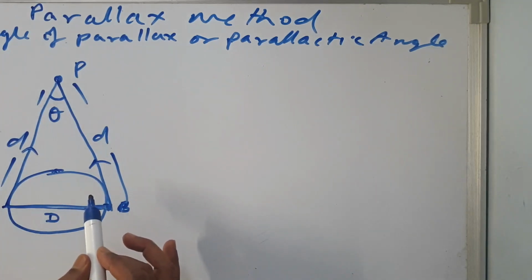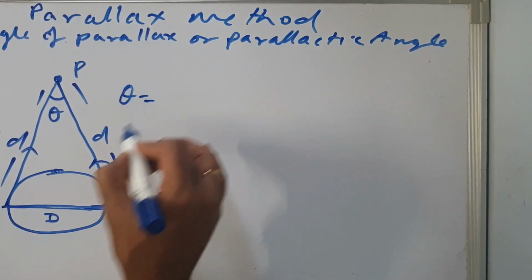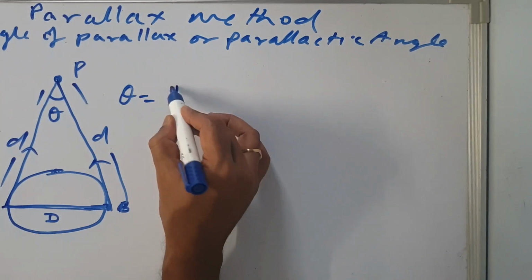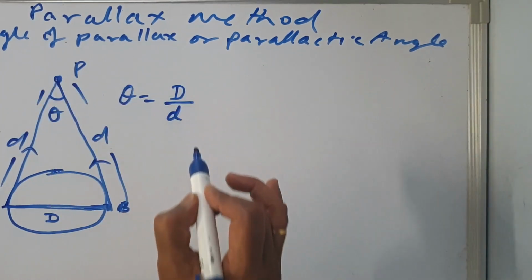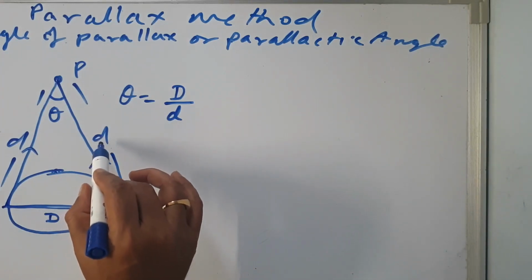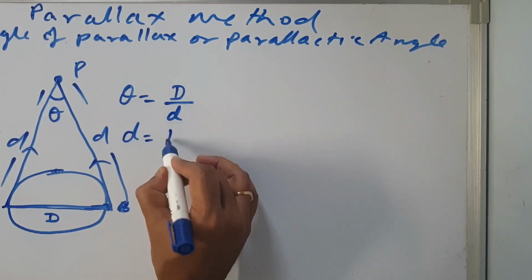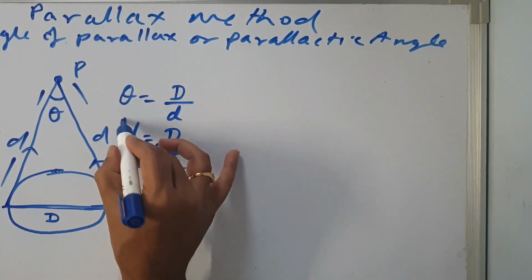Therefore, this angle theta in radians will be this arc AB, that is capital D, upon the radius small d. Our aim is to calculate this small d. Therefore, from this relation, small d is equal to D upon theta. Remember that theta is in radians.